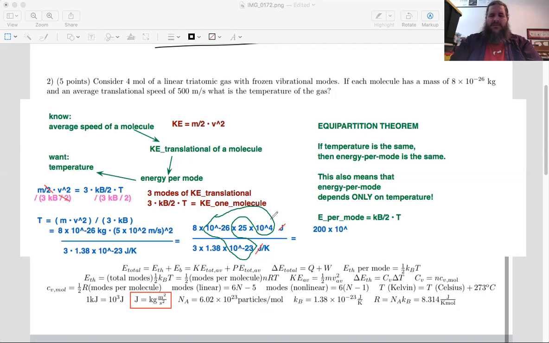Negative 26 plus 4 is negative 22. Minus negative 23, that's the same as plus 23. And negative 22 plus 23 is just 1. So all those exponentials just turn into 10 to the 1. We've still got kelvins as the units. And we've also got divided by 3 times 1.38.